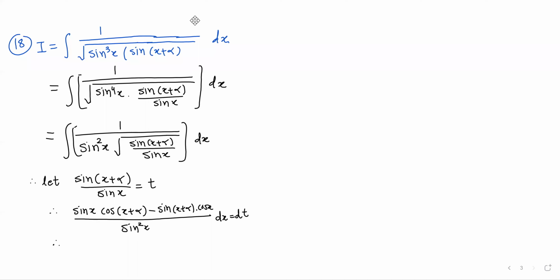What is the u by v rule? d by dx of u by v is equal to v remains as it is, u dash, u remains as it is, v dash upon v square. This one is our formula.